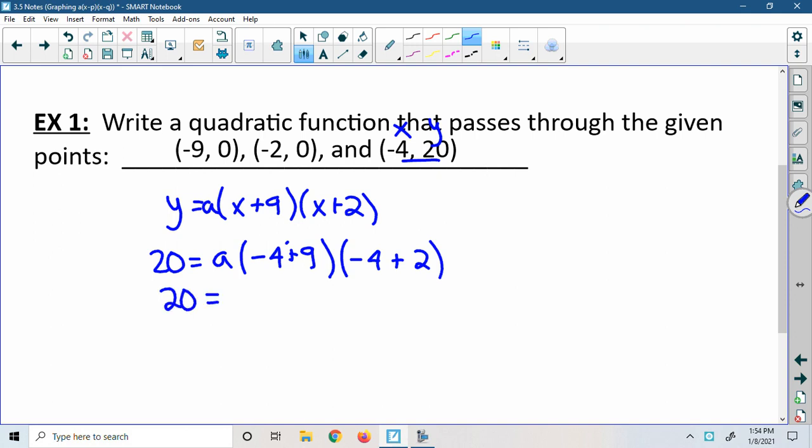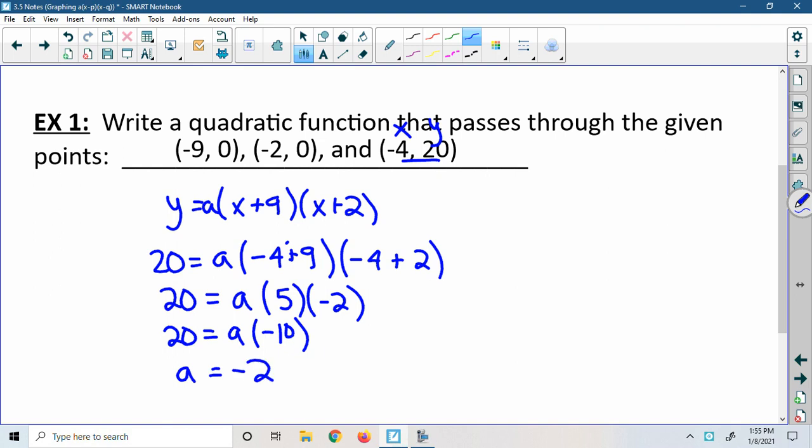Now we can start solving down for a. -4 plus 9 will be 5. -4 plus 2 would be -2. So we'll finally get that 20 equals a times -10. Divide both sides by -10, and it looks like a will equal -2.